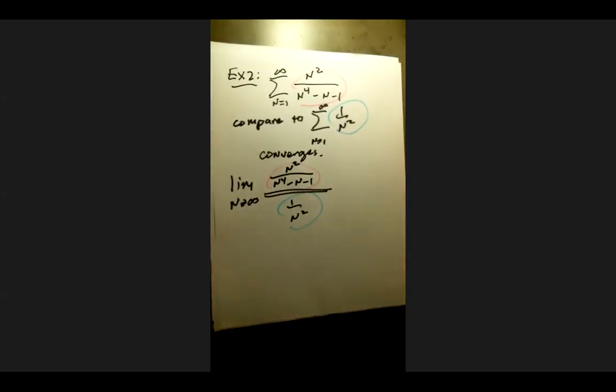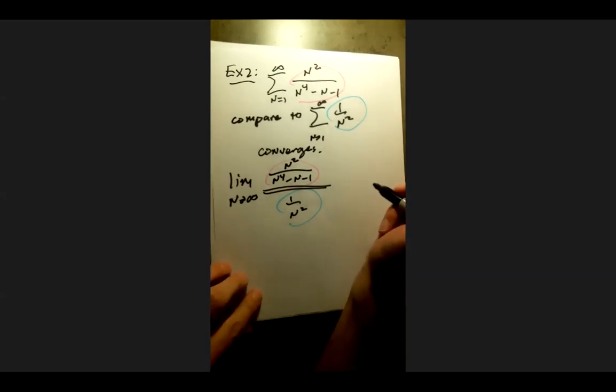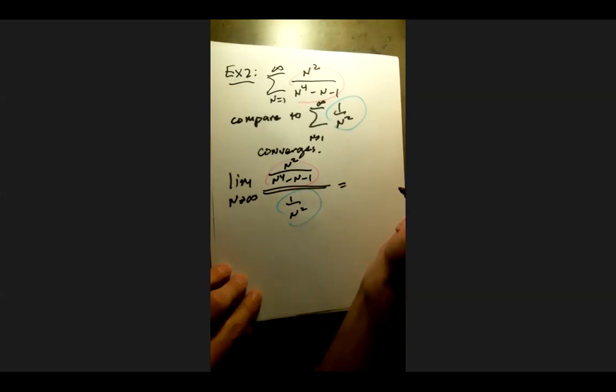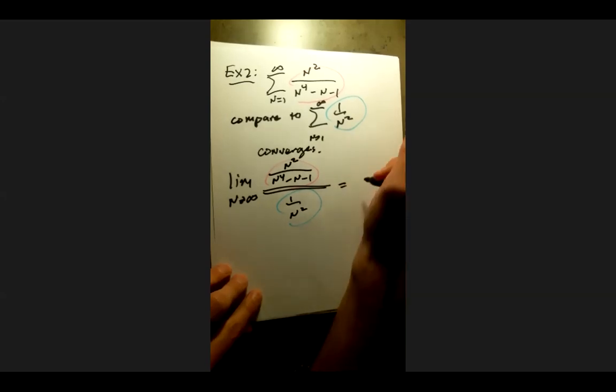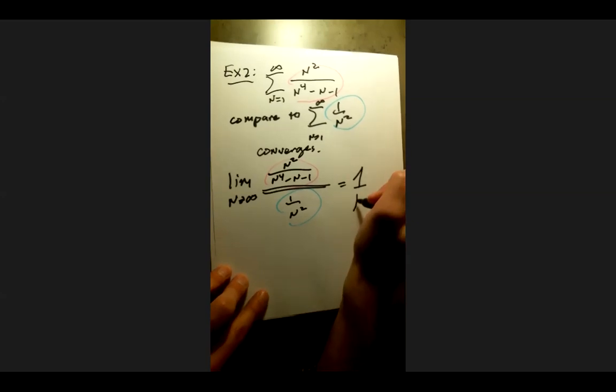Is that a simple enough limit that we just know what it equals? Do people just see this? So what's this limit equal to? One. Exactly. You just multiply by the reciprocal, and now I've got an n to the 4th over n to the 4th. The fact that it's 1 is not so important.